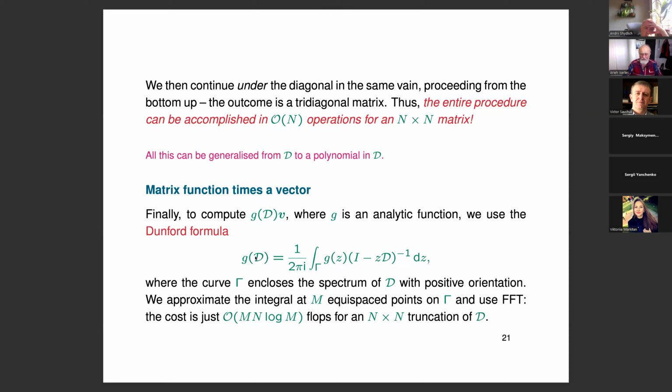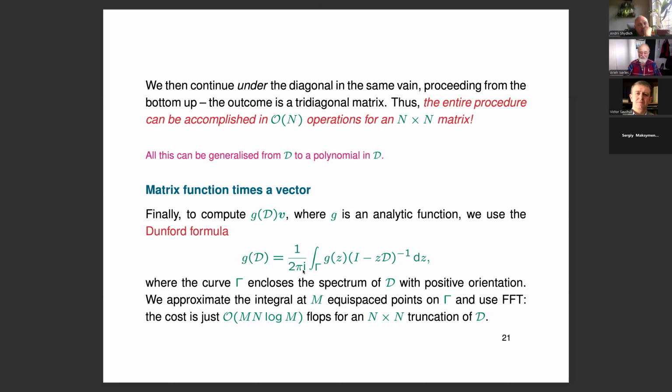Remember, D is a linear operator represented by an infinite matrix. So this is the resolvent of D, and the curve gamma has to enclose the spectrum of D with positive orientation. If the spectrum is unbounded, then we need to take a half space, for example.